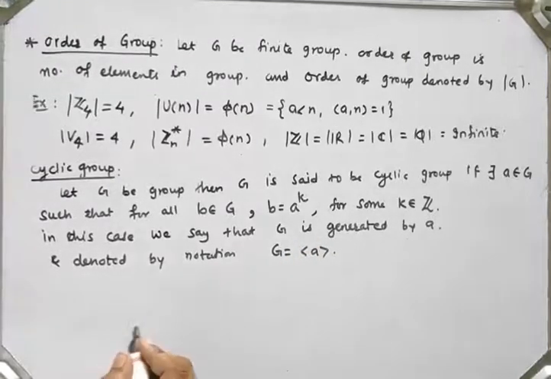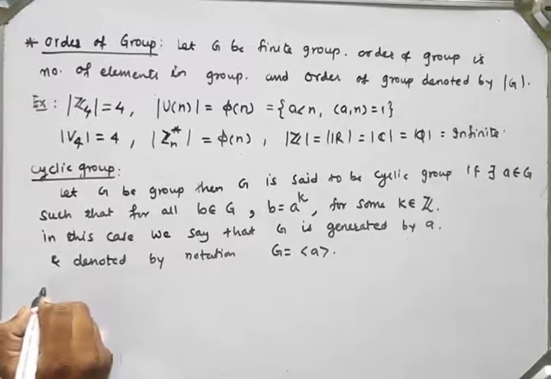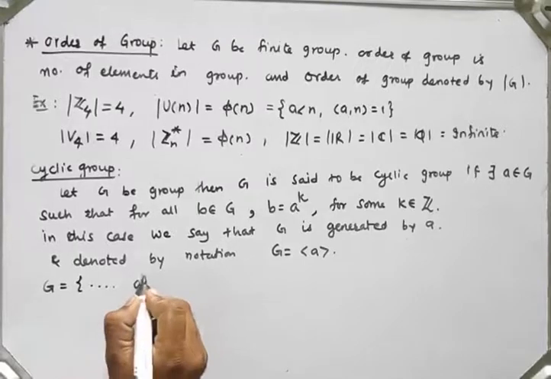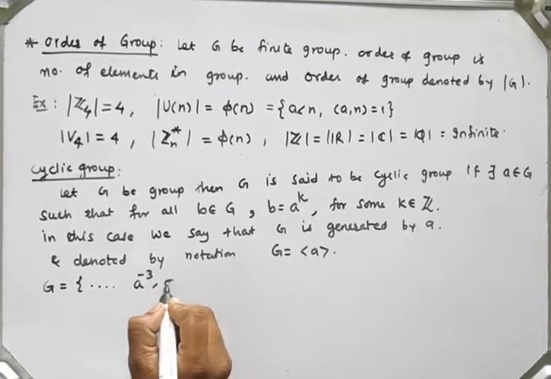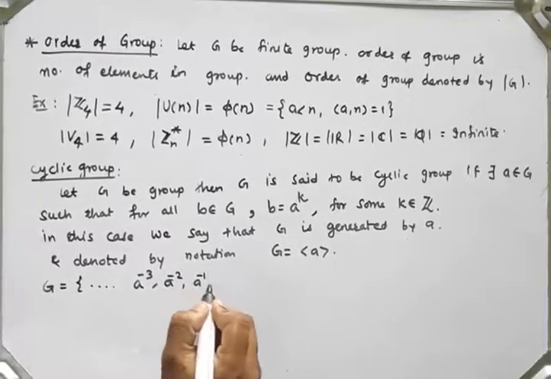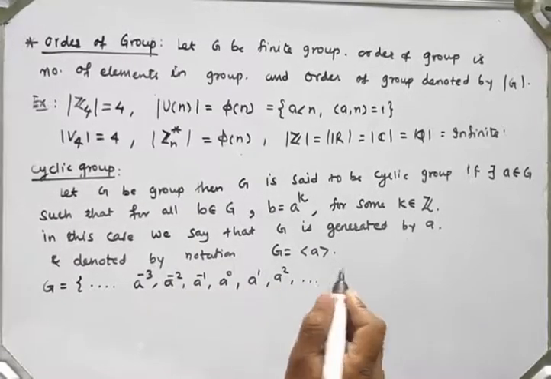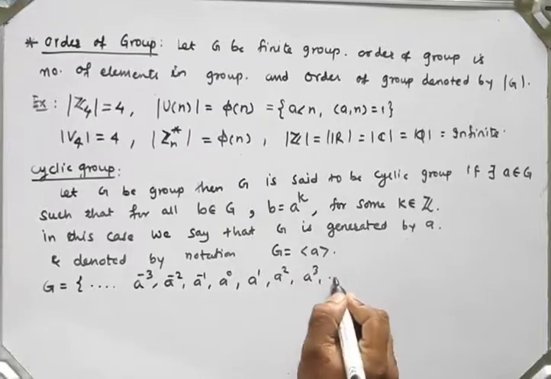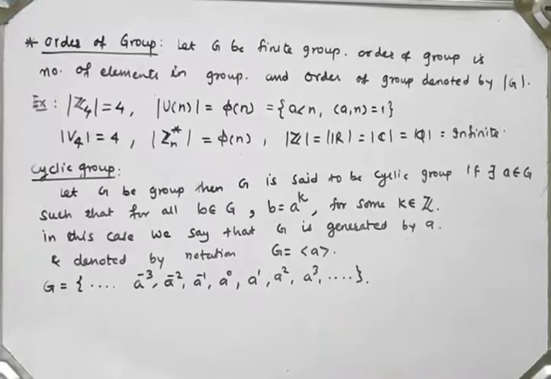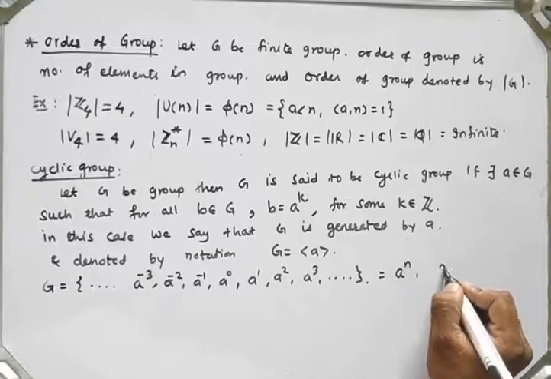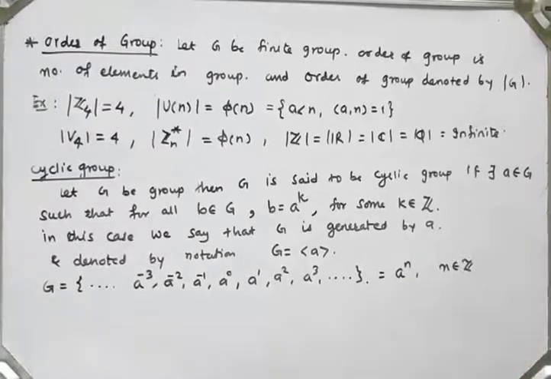For example, G is equal to, suppose, a raised to minus 3, a raised to minus 2, a raised to minus 1, a raised to 0, a raised to 1, a raised to 2, and so on, a cube and so on. This can be written as the set a raised to n for n belonging to the set of integers.